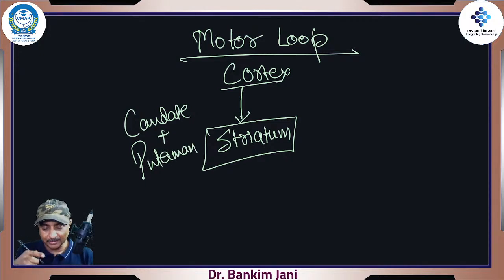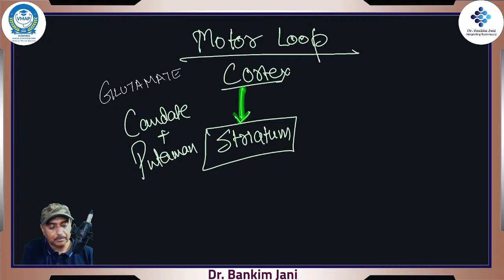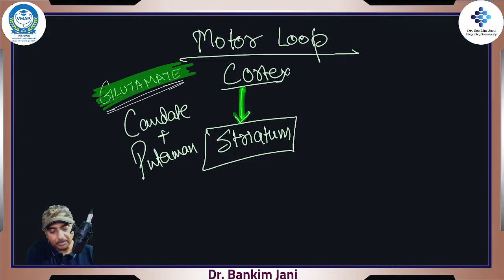So this cortex, no confusion, will be sending the excitatory pulse to the striatum, right? Excitatory pulse, so there has to be a neurotransmitter for that, and that is glutamate. So we'll take it like green, glutamate.